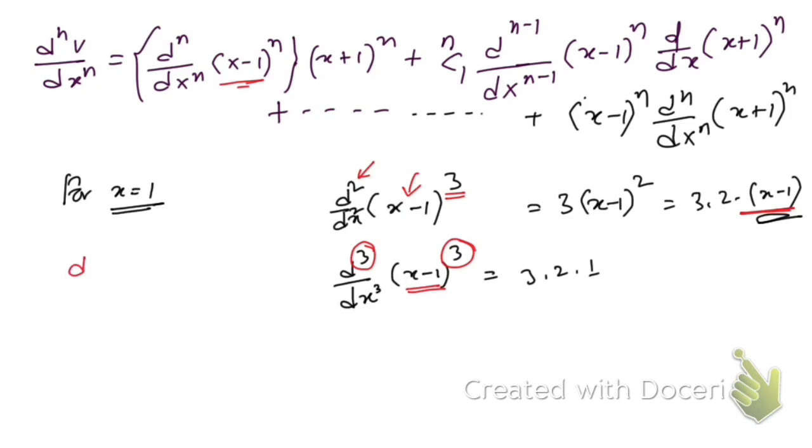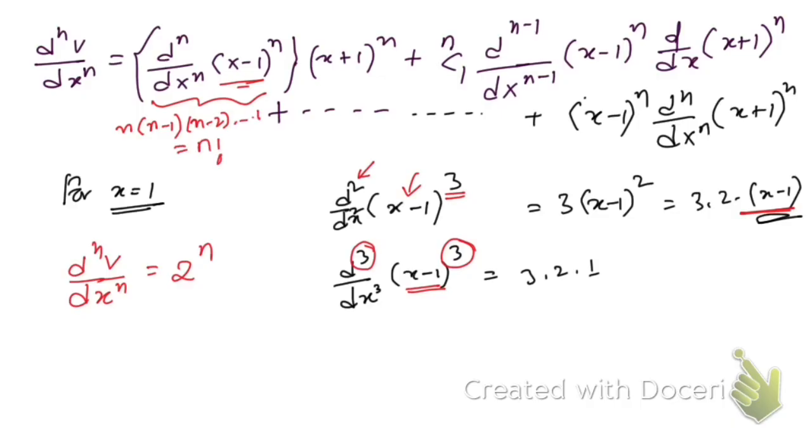So here, for the nth order derivative of v with respect to x, you're going to get 2 to the power n, and from this part you're going to get n into n minus 1 into n minus 2 into ... and so on into 1, which is equal to factorial n, right? As you have got here, this is equal to factorial 3.